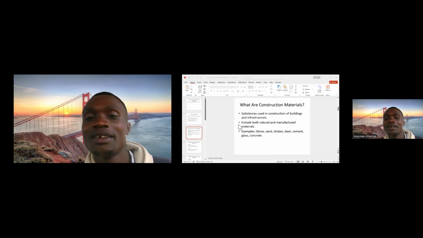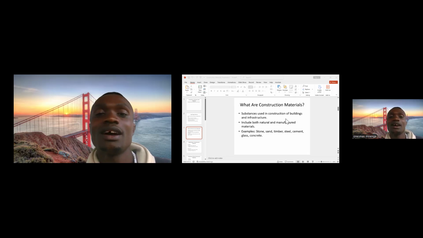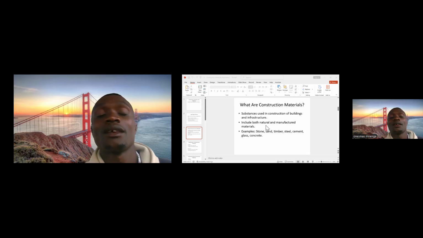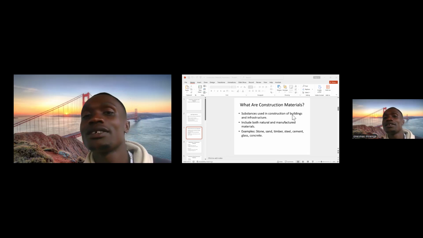Construction materials are substances used in construction of buildings and infrastructures. They include both natural and manufactured materials. Example of those materials, who can give us the example?